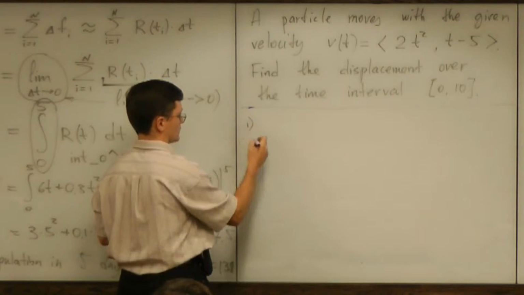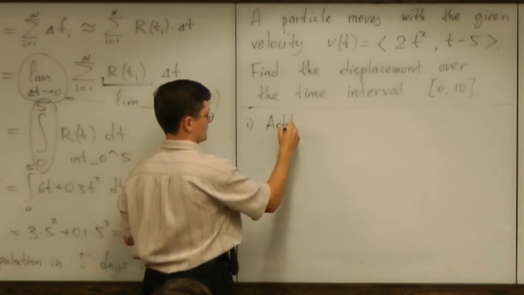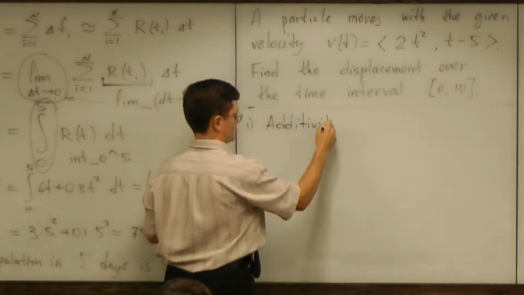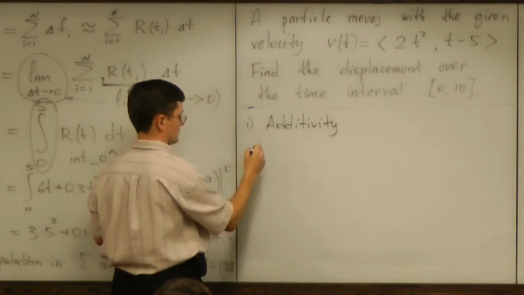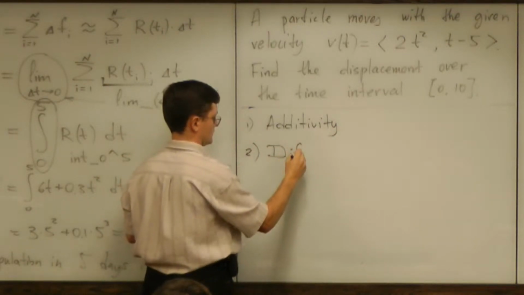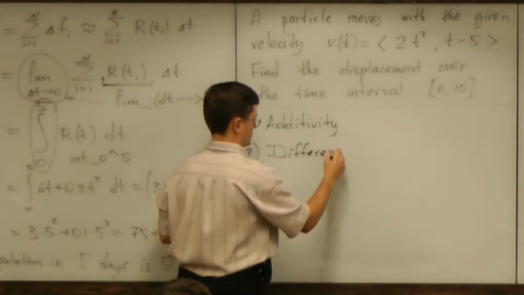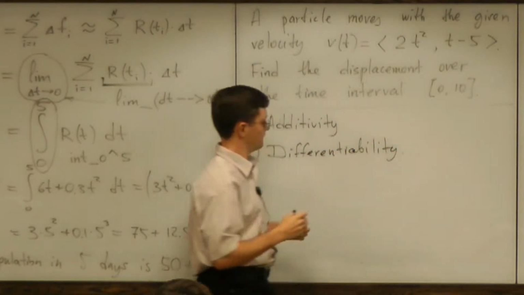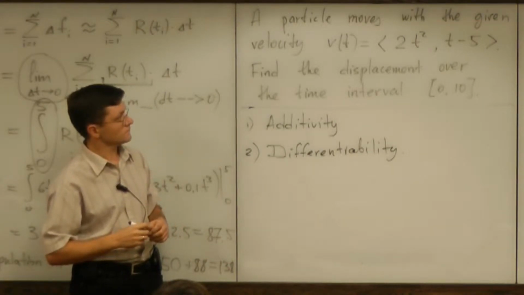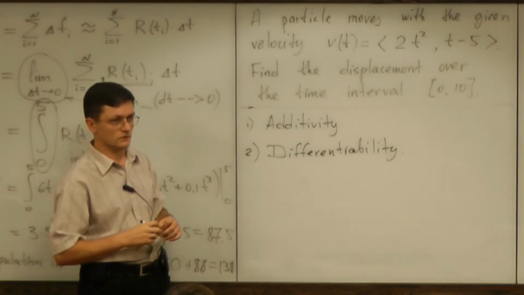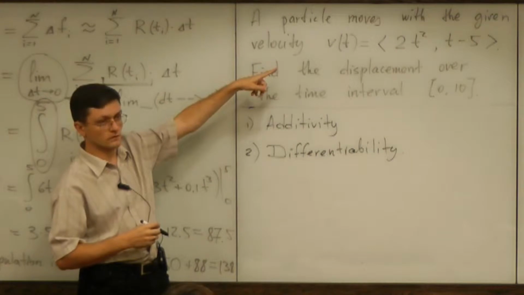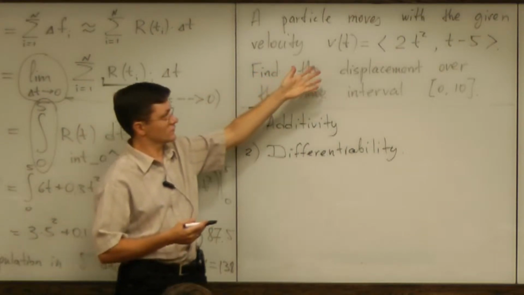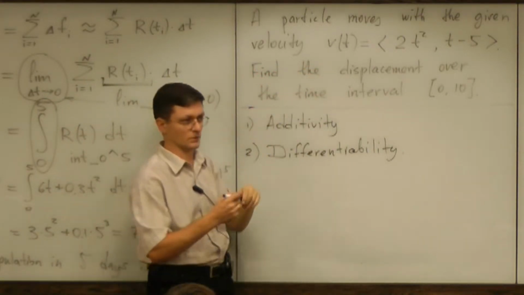There are two things to check: additivity and differentiability. And of course, to check any of that, I have to specify the parameter. Well, the choice of parameter is kind of suggested in the problem. Right?